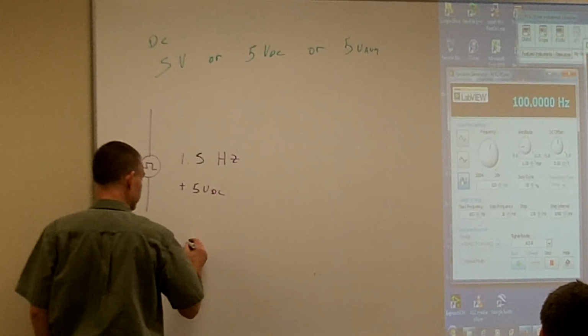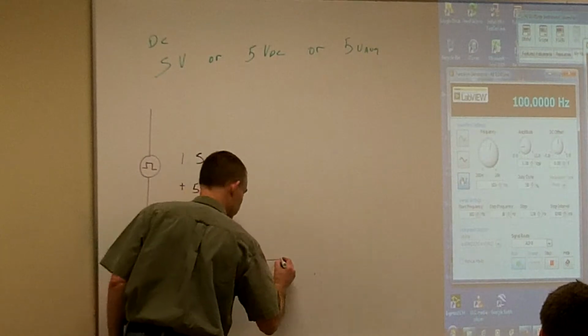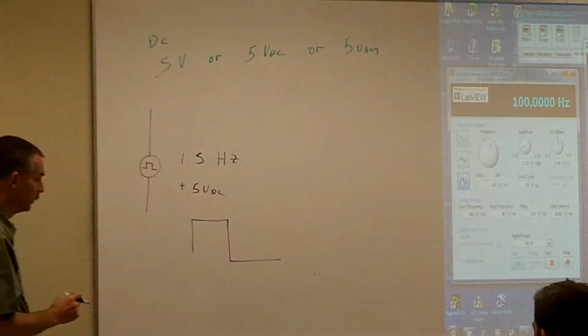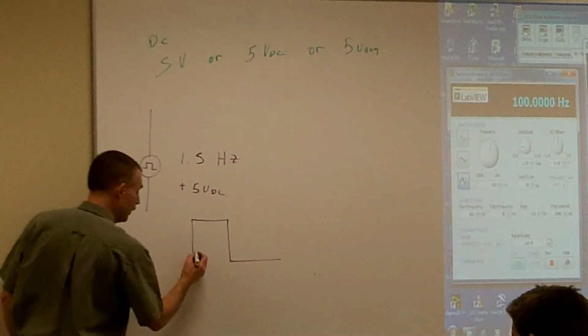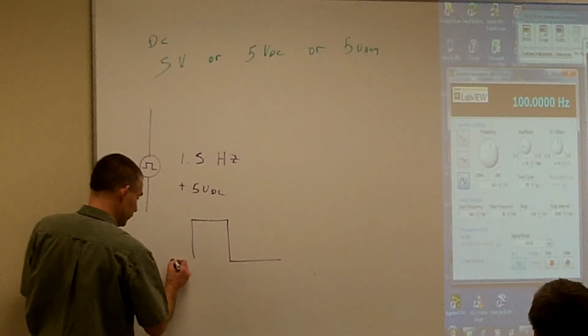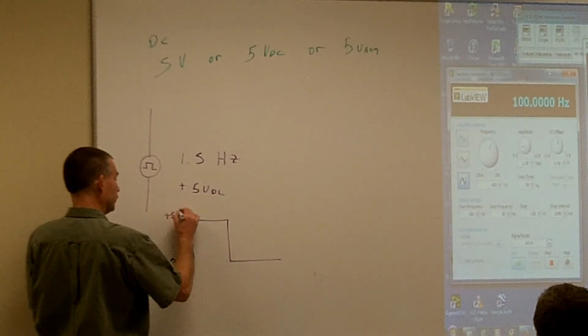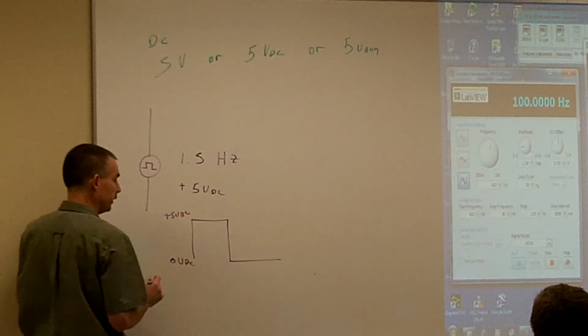So what the signal looks like, what he wants you to have, we're going to just rough sketch our signal. This is what we always do when we're trying to figure out new signals. We draw what we really want. So he wants you to have 0 volts DC up to a plus 5 volts DC.